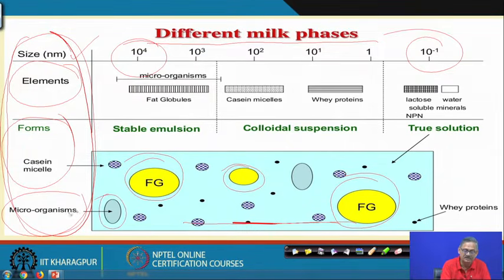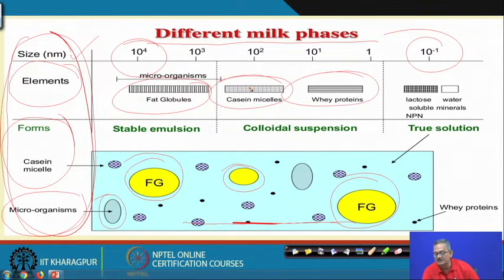Microorganisms can be very small depending on the size. So, they are also maybe 1 or even half micron or 0.5 micron or even lower, or maybe a little bigger depending on the organism. Then this is the microorganism scale. Fat globules are of this size, caseins are of this size, and whey proteins are of this size, and lactose and water are of this size, right.